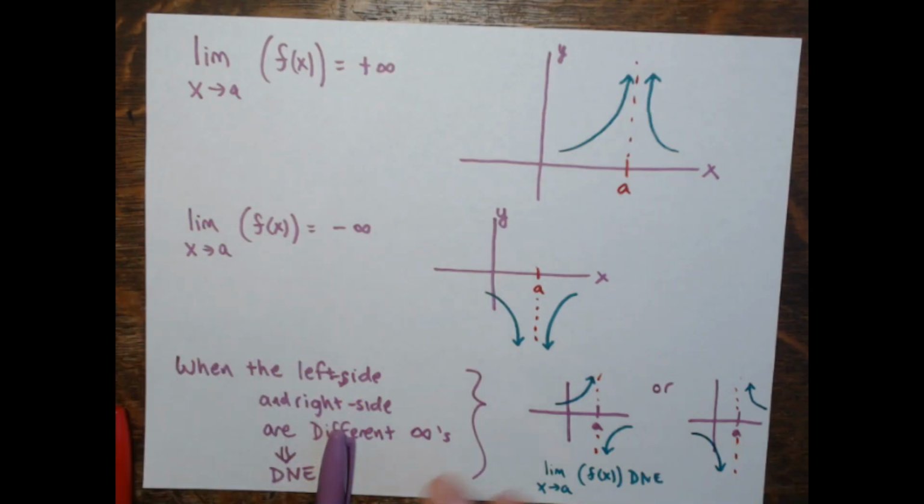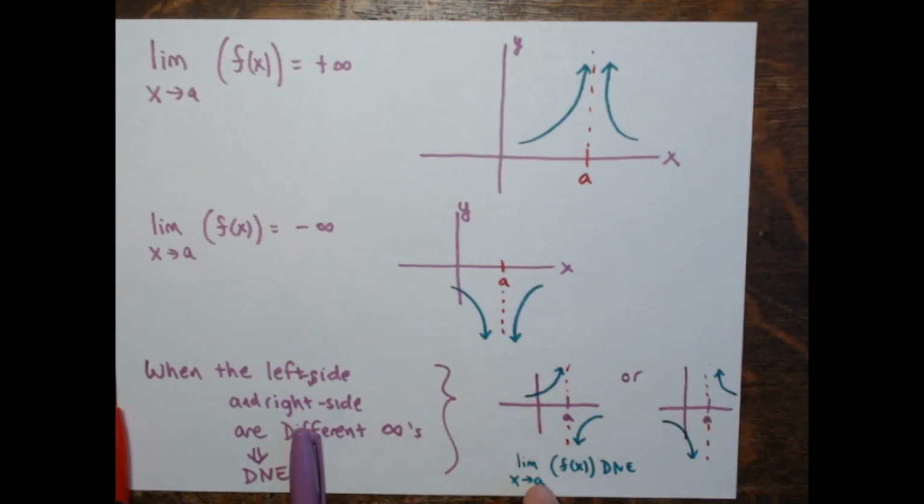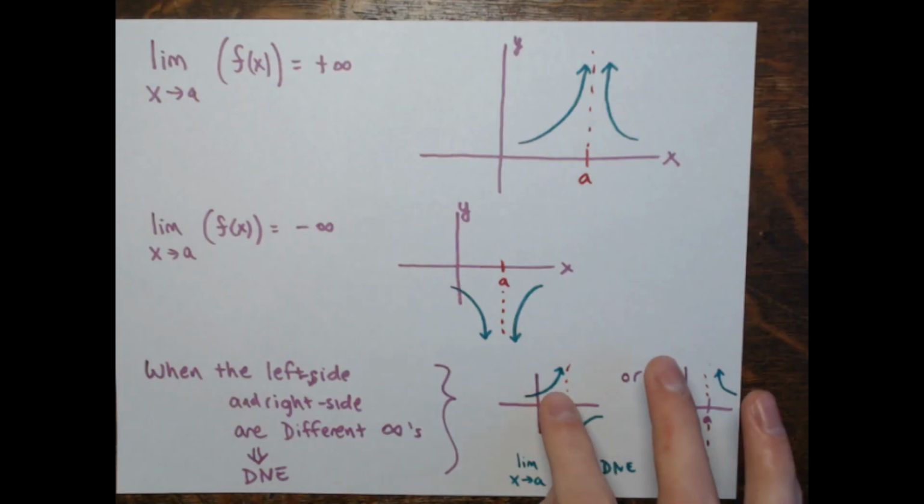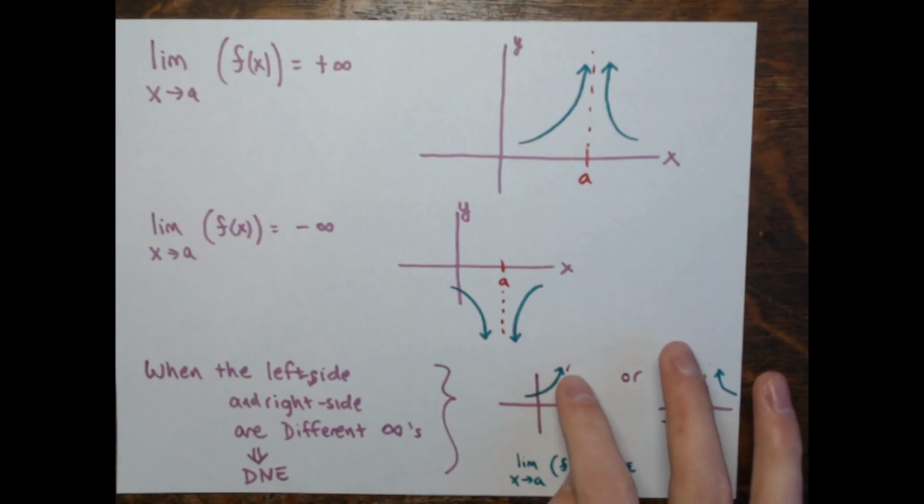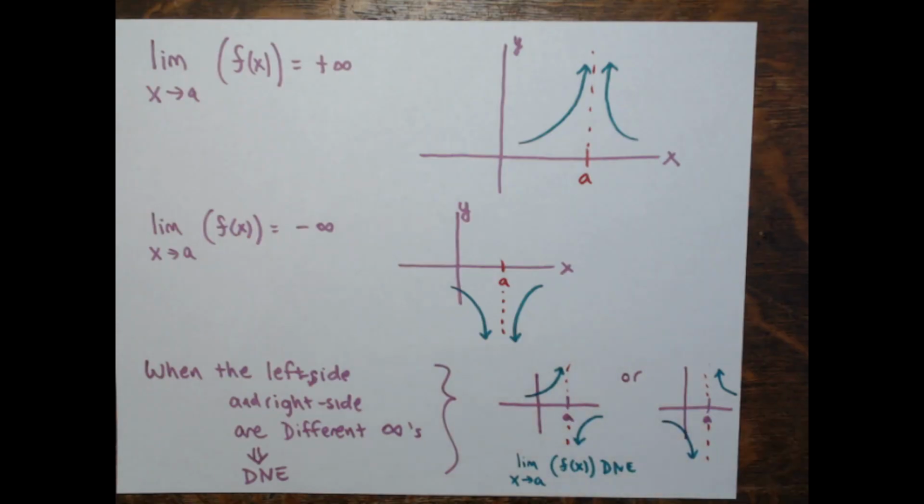Either way, if they're different, we're going to say the two-sided limit doesn't exist, just like usual. If the left side limit and right side limit aren't the same, the two-sided limit does not exist. All right, so that's the graphical interpretation of limits. And of course, with a table, when you're plugging in values, you're just going to see bigger and bigger numbers, either positively or negatively, and that should indicate on a table that your limit is infinite.